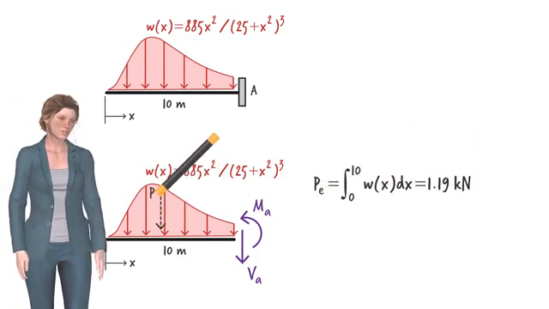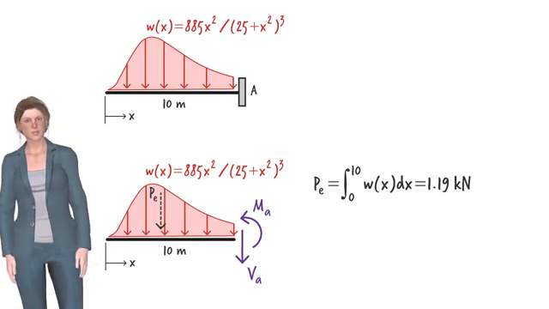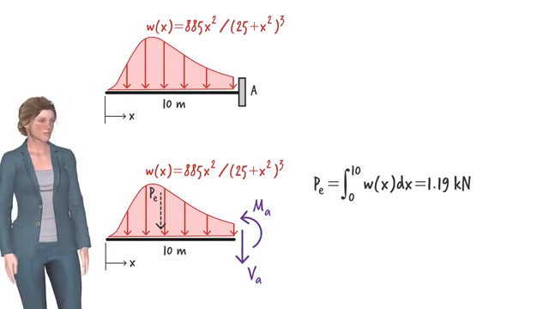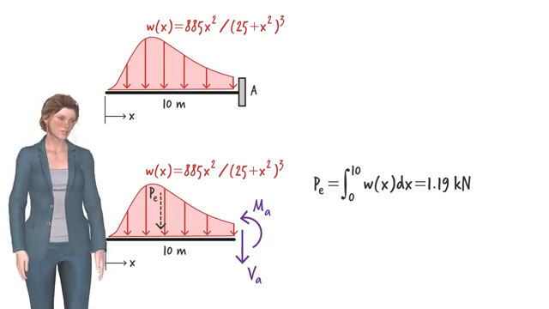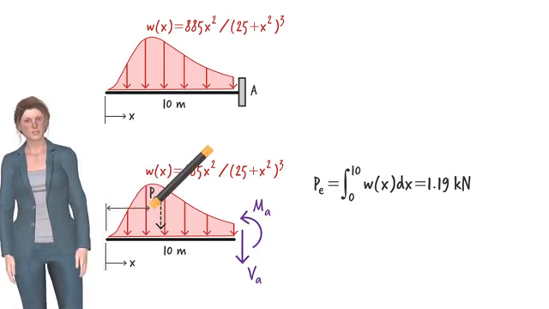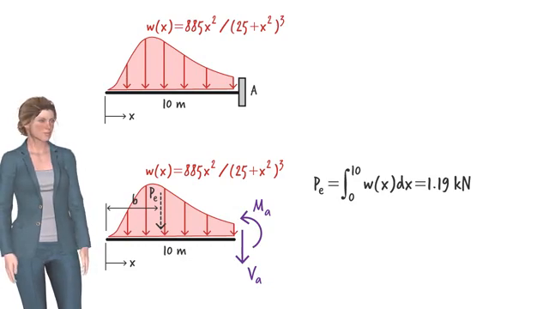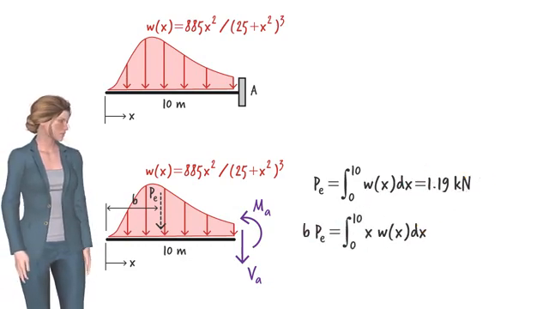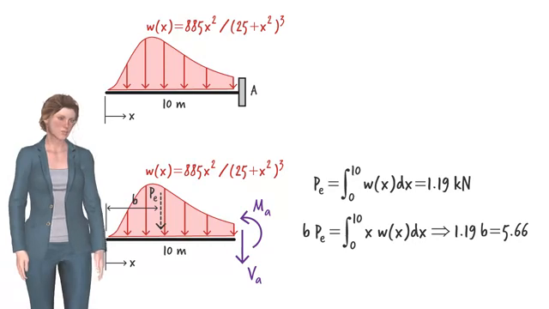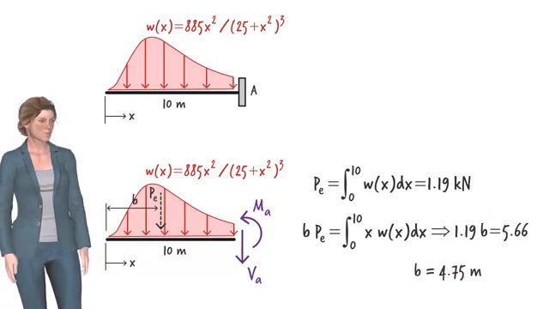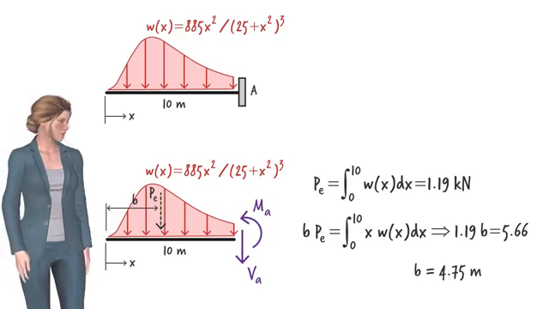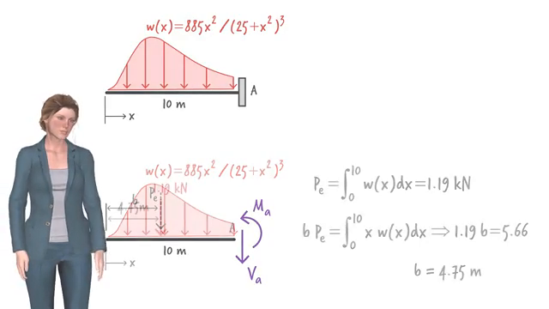We also need to use integration in order to determine the geometric center of the load. Let's denote the distance from the left end of the beam to the center of the load as b. Then we can write: solving this equation for b, we get. So we can replace the distributed load with its equivalent concentrated load this way.